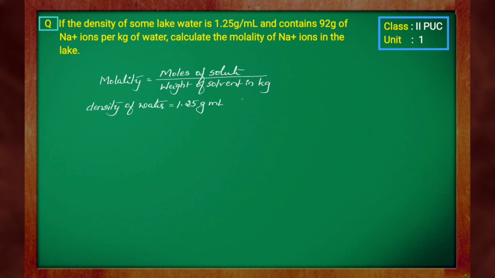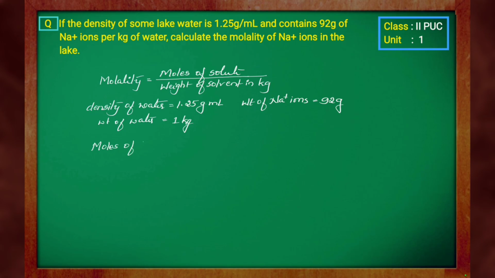Weight of Na plus ions has been given. Weight of Na plus ions is equal to 92 grams. So they have given it's 92 grams per kg of water. So therefore weight of water, which is solvent, is 1 kg. So what we need to calculate is moles of solute.